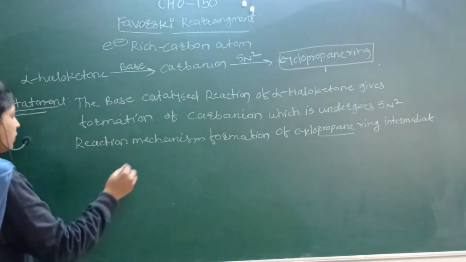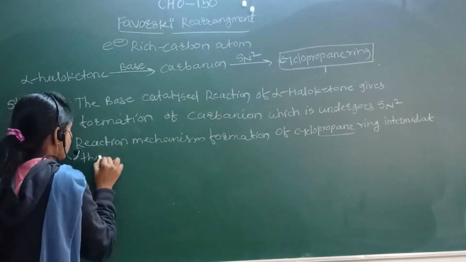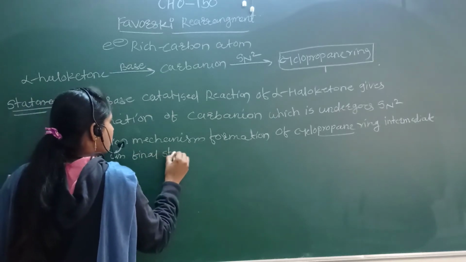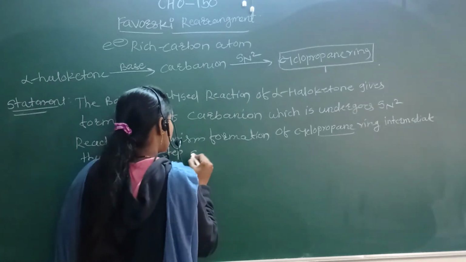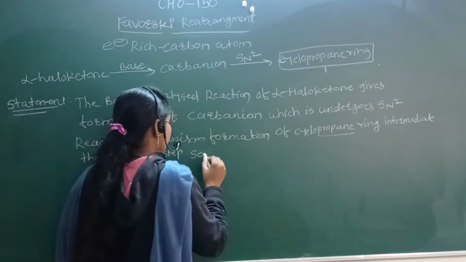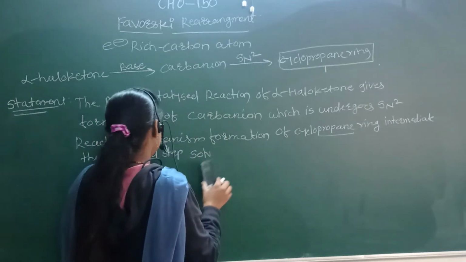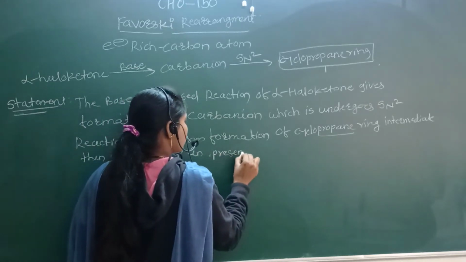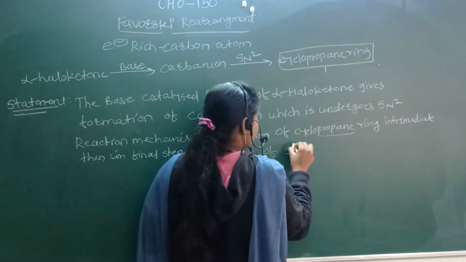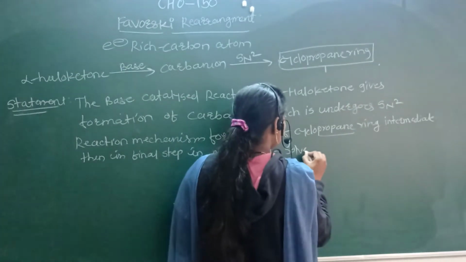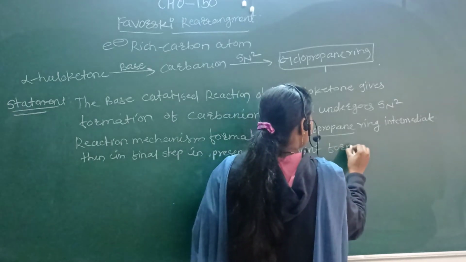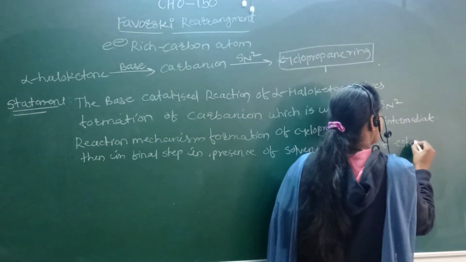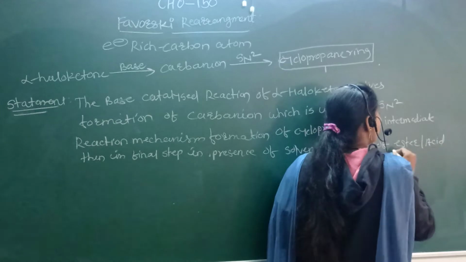The cyclopropane ring intermediate. Then in the final step solvation takes place. In the final step, in the presence of solvent, there is formation of the ester or acid, that is your final product.